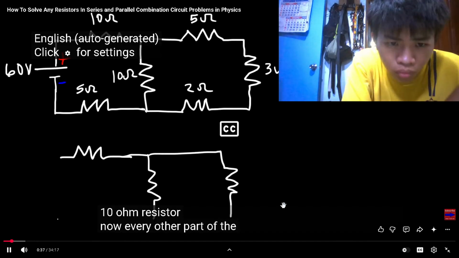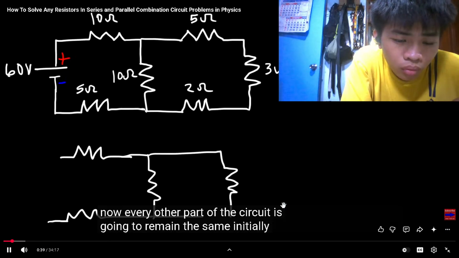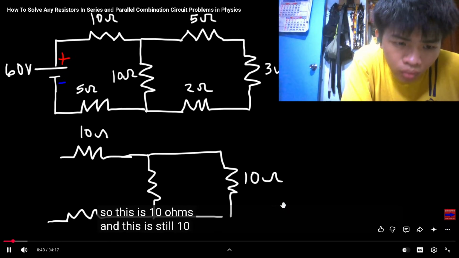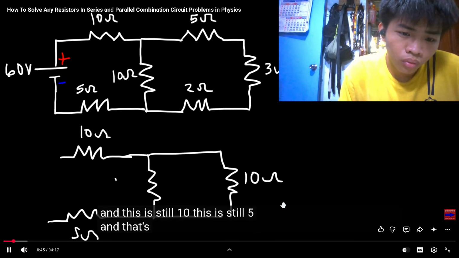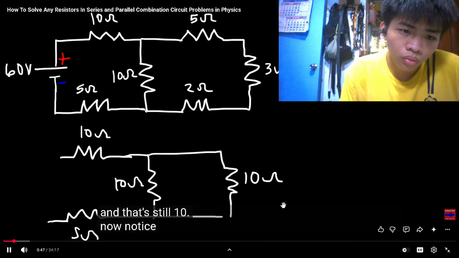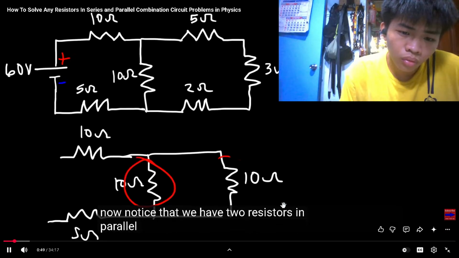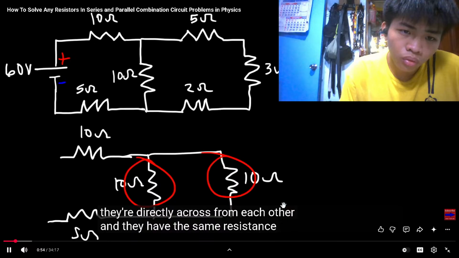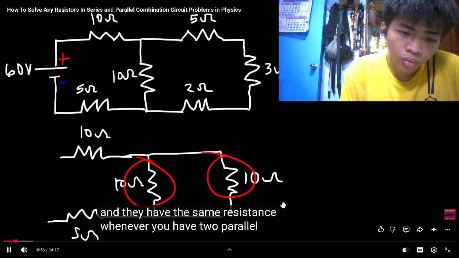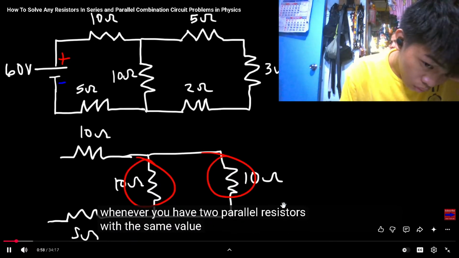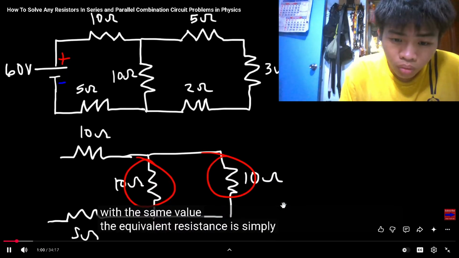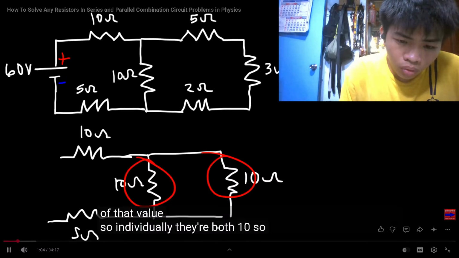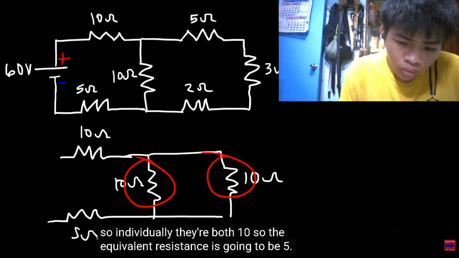Now every other part of the circuit is going to remain the same initially. So this is 10 ohms, this is still 10, this is still 5, and that's still 10. Now notice that we have two resistors in parallel. They're directly across from each other, and they have the same resistance. Whenever you have two parallel resistors with the same value, the equivalent resistance is simply half of that value. Individually they're both 10, so the equivalent resistance is going to be 5.